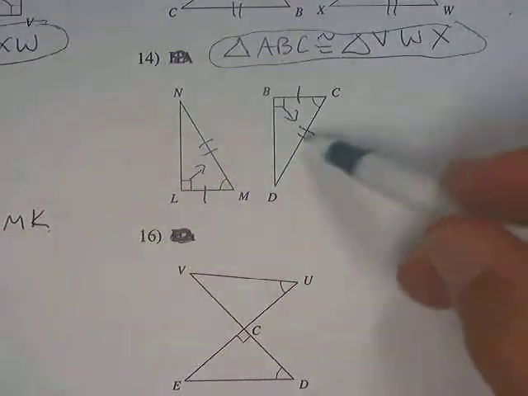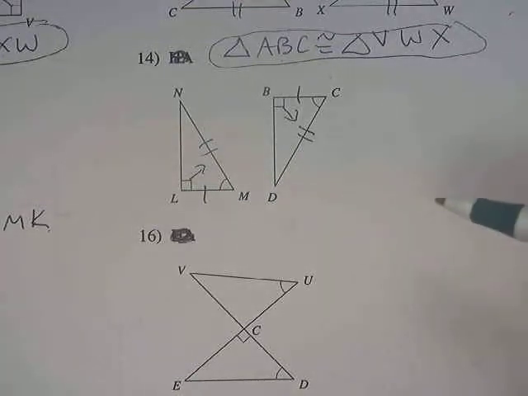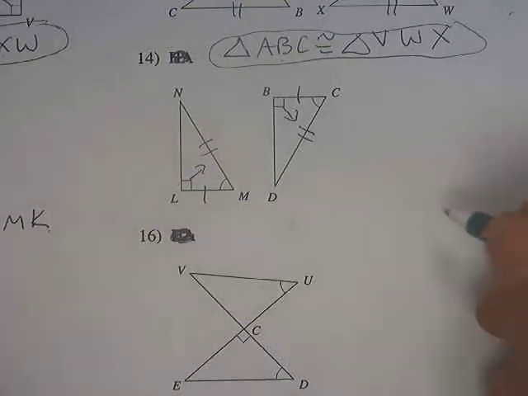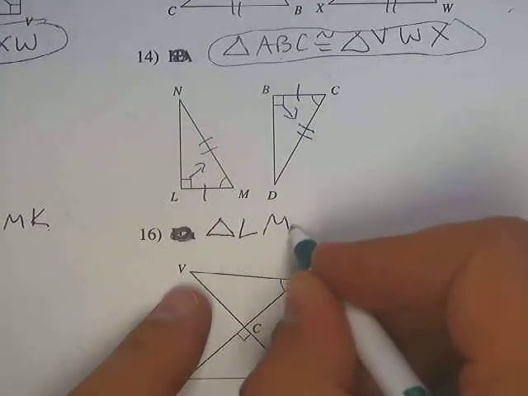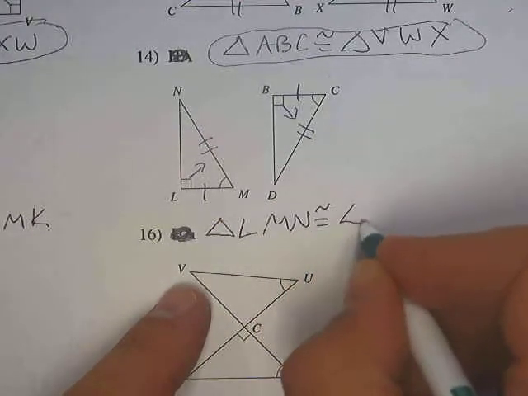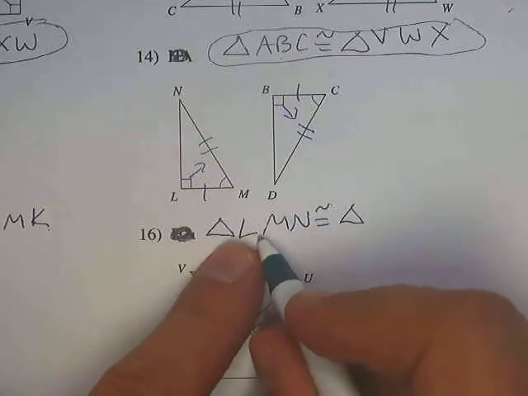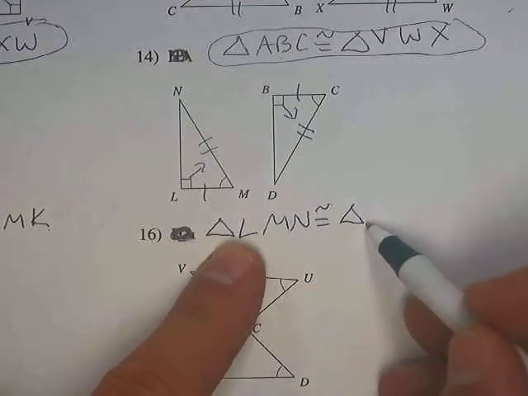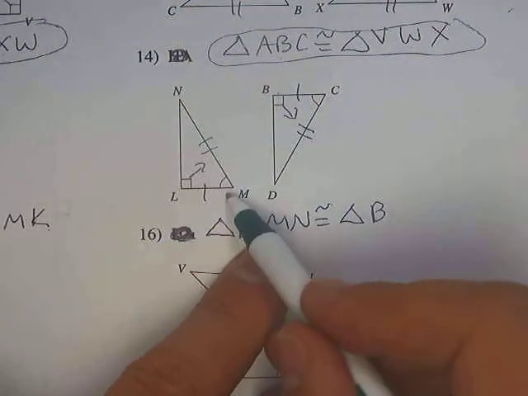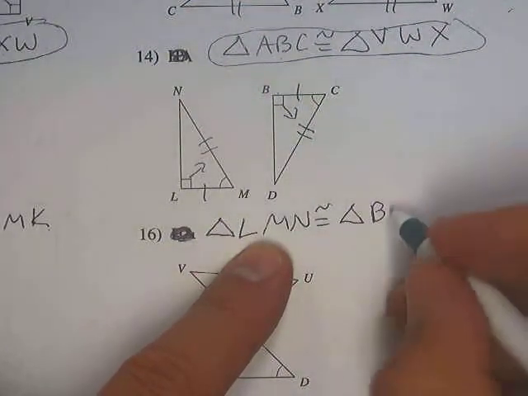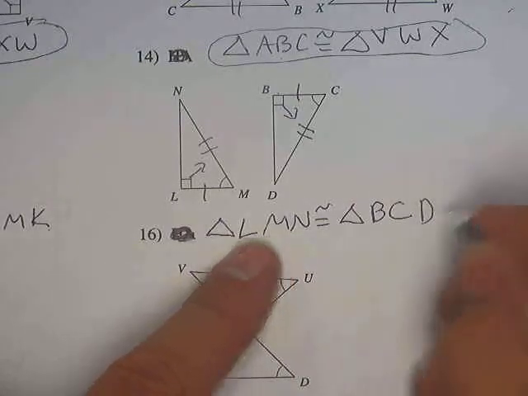Let's look at number 14. All right, we would need to be HL. Hypotenuse would have to be congruent, and a leg would have to be congruent. These could actually be congruent different ways as well, but we're working on an HL. So for a congruent statement, you could write LMN is congruent to triangle.